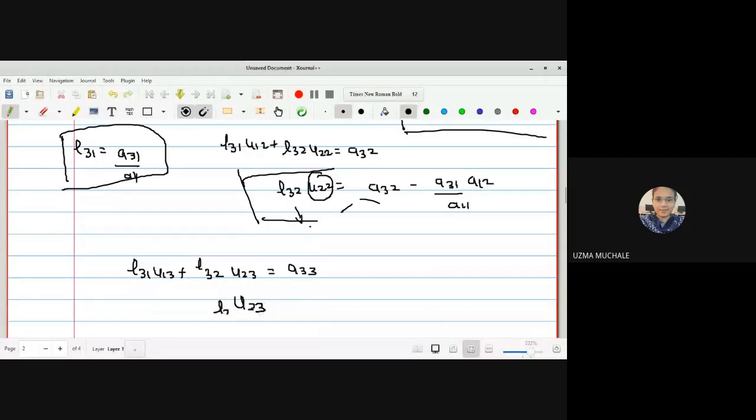U23 into L32 is equal to A33 minus L31, which is A31 divided by A11, into U13, which is A13. Now just put in the value of L32 which we have obtained. In short, I will describe those formulas from your recommended book.